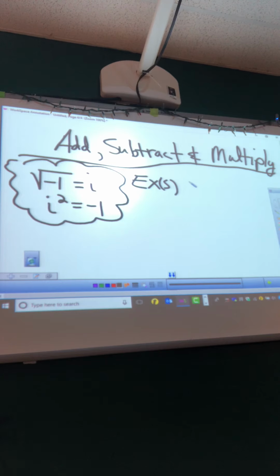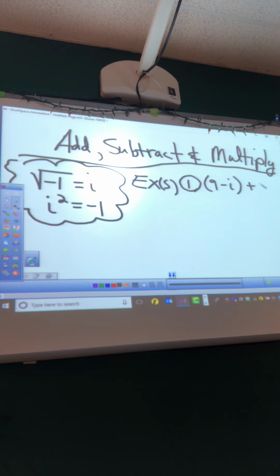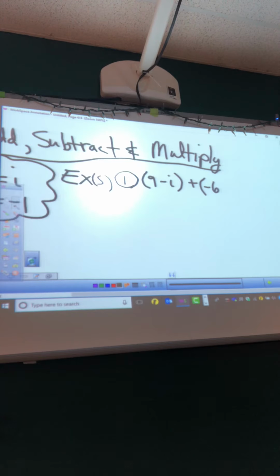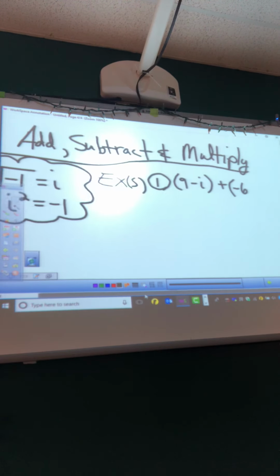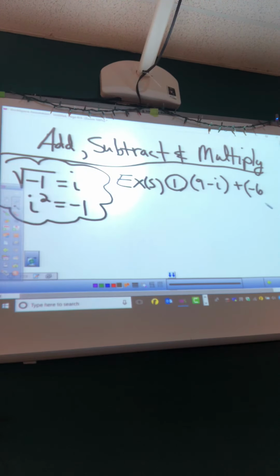All right, I've got a bunch of examples here. And so if I start with example 1, underneath this add, subtract, multiply, and divide, I do have an adding and subtracting first. So say I have a 9 minus i, complex number, plus a -6, plus 7i.